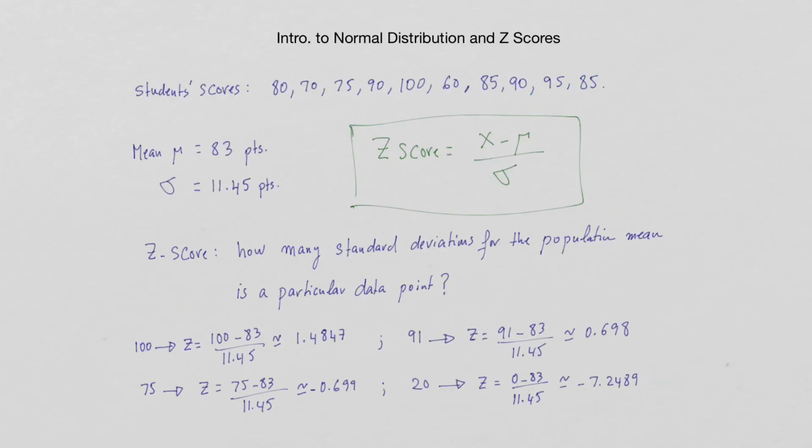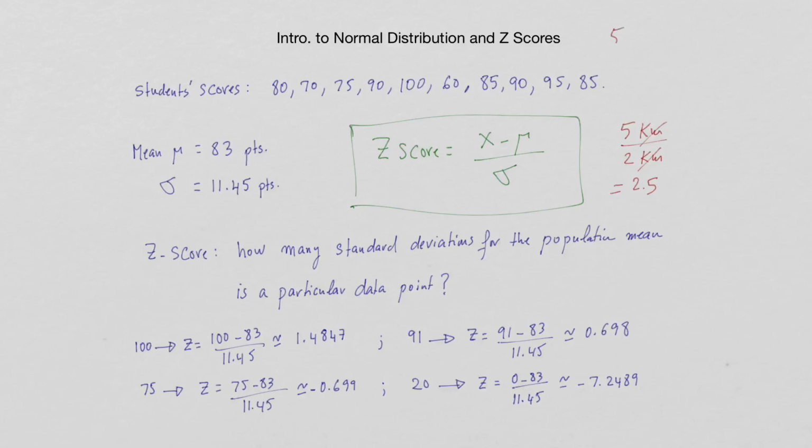Let the formula do the work for you. So let's say we're dealing with scores here. So this is points. Points minus points is still points, right? Like 5 points minus 2 points is 3 points. And the standard deviation is also in points. So if you divide points by points, the points disappear. If I divide 5 kilometers by 2 kilometers, I just get a number, 2.5, because the kilometer cancels.